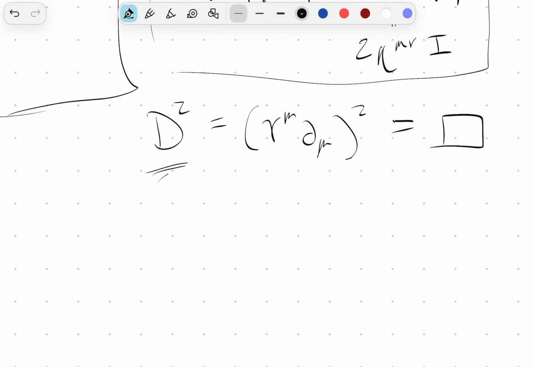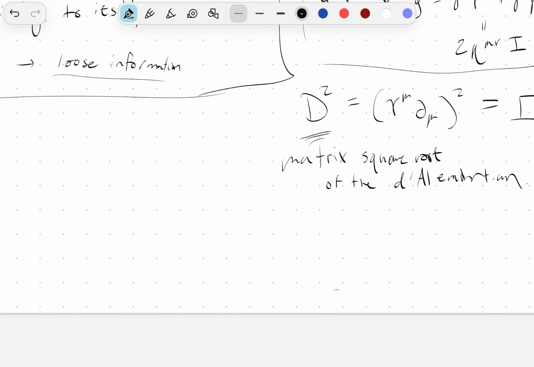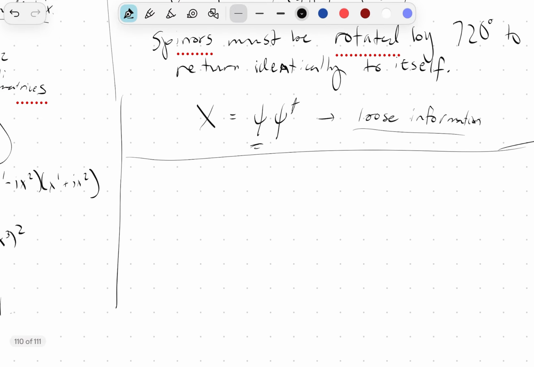Thus, the Dirac operator itself is the matrix square root of the D'Alembertian.